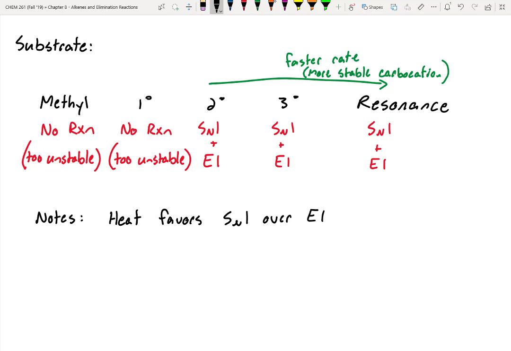They're favorable under high temperature conditions because we're creating more moles of products than we have of starting material, whereas with SN1, the number of moles really doesn't change. So heat is a big thing you can look at. Oh, sorry, oh my goodness. This is a problem with talking and writing. E1 over SN1. Thank you. So heat favors elimination over substitution due to entropy.